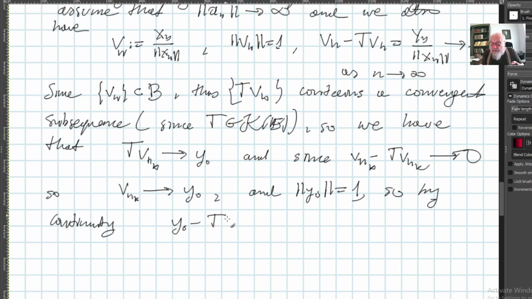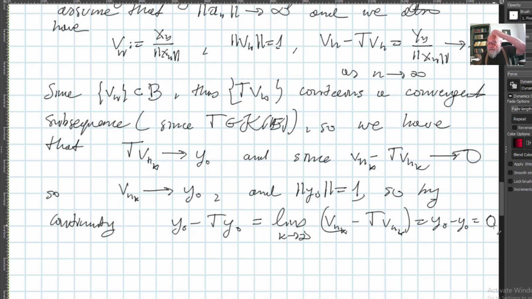Y naught minus T Y naught is equal to the limit as k goes to infinity of V n k minus T V n k, and this is equal to Y naught minus Y naught, which is equal to 0. Yeah, that's by continuity.